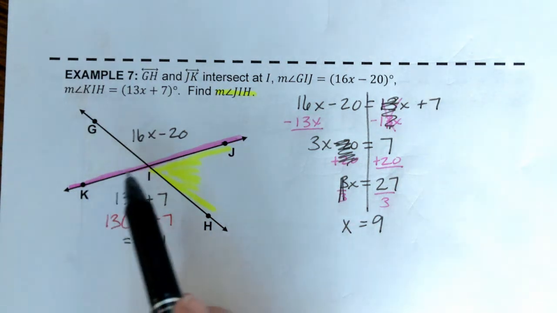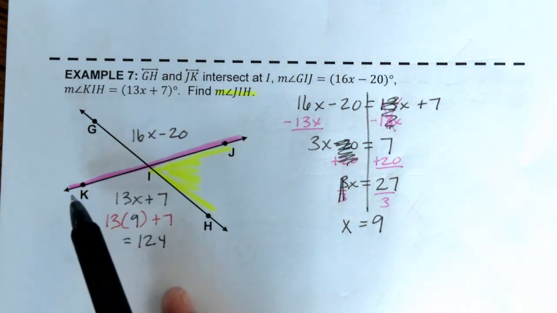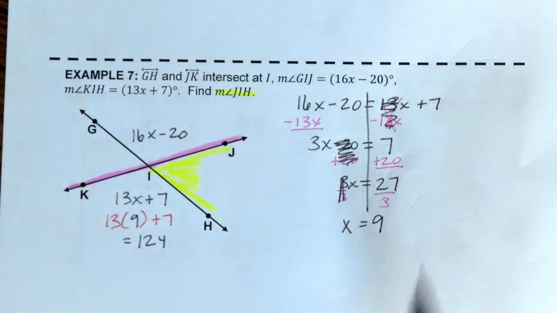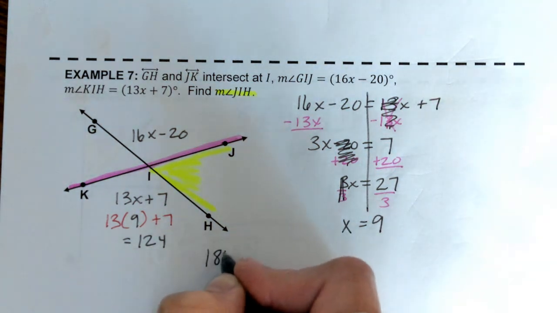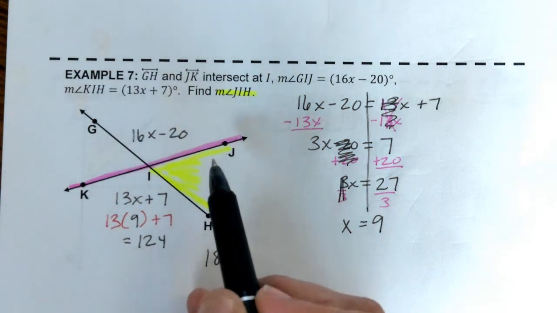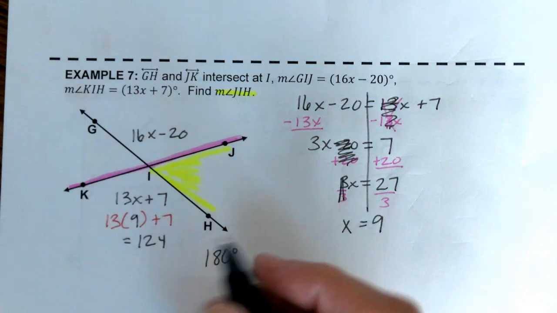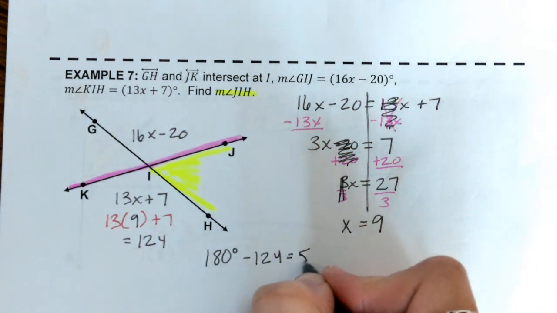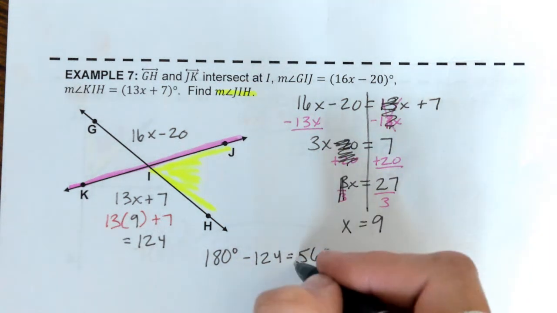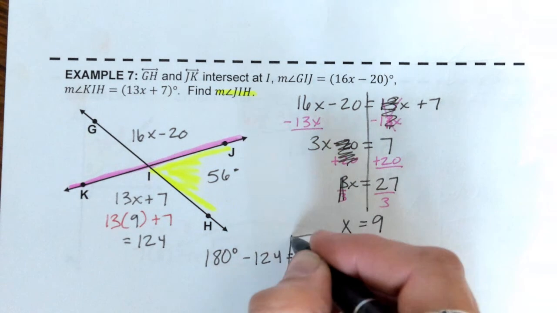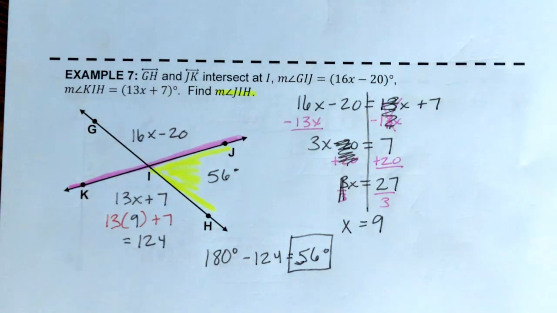So if this whole straight line is 180 degrees, all we need to do is get rid of this 124. So we take that 180 degrees, the whole straight angle KIJ, and we subtract this 124. That's going to give us 56 degrees, which is going to be the measurement of the angle that we are looking for. So we're using vertical and linear pair on that.